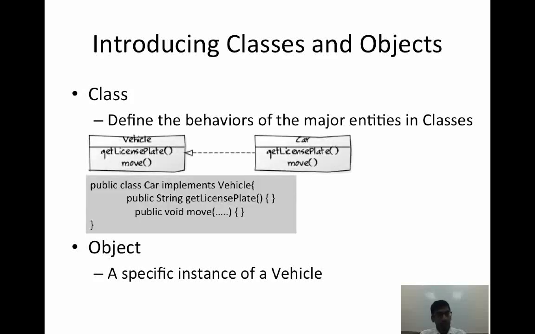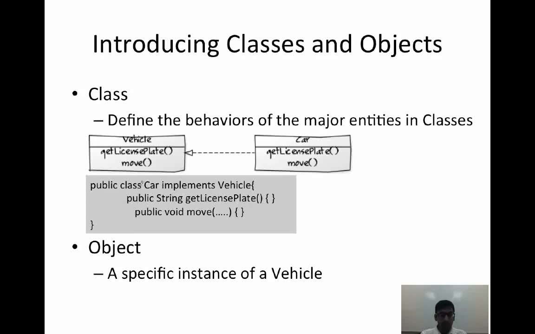For example, in vehicle, I basically identified some behavior, and car is a class that implements the vehicle interface. Basically, I'm saying that car is a vehicle, and car is a class, so I can't just get away with identifying the behavior. I actually need to tell what this behavior should do.